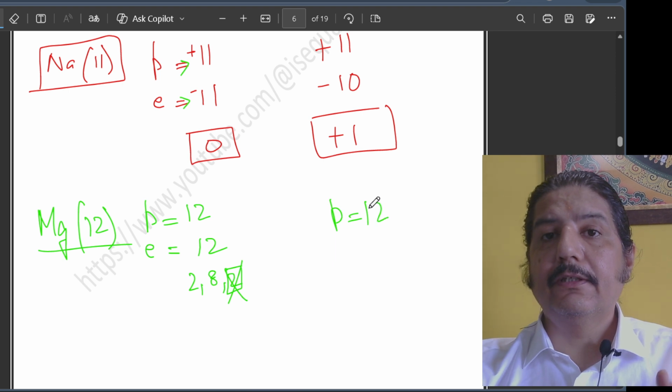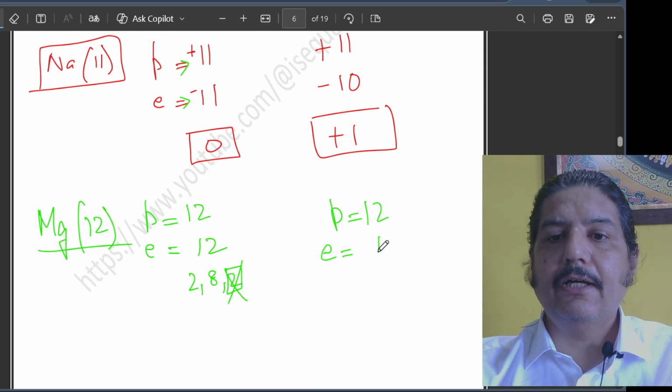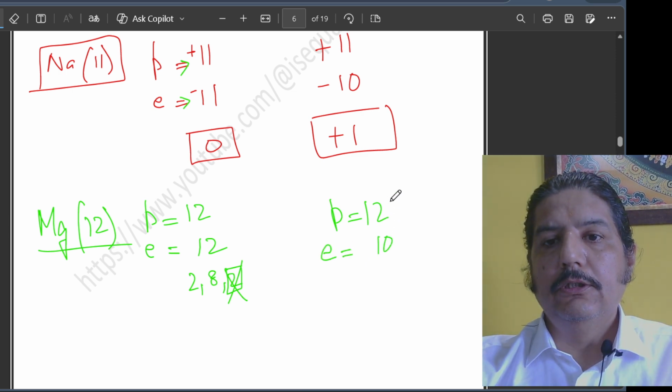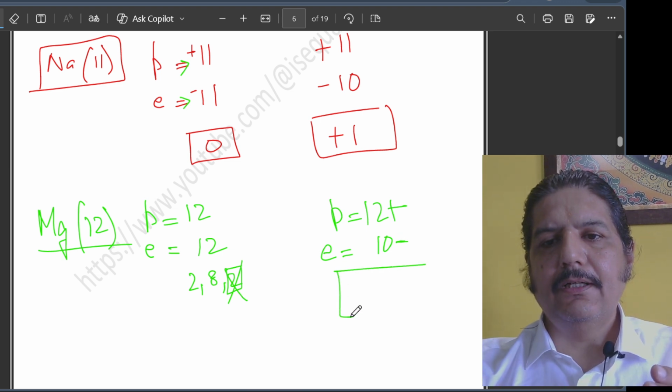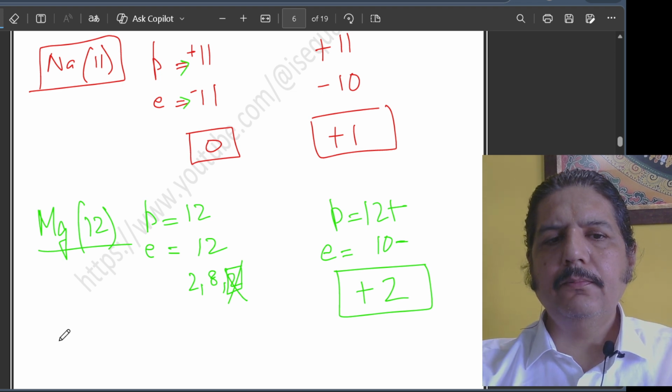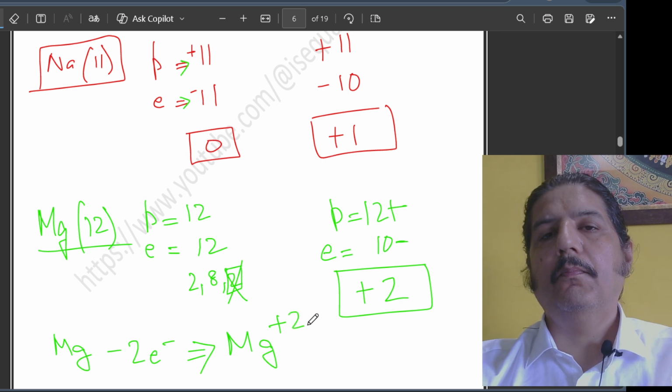The important thing to understand is that protons remain the same, but electrons have decreased by 2. So the positive charge has remained the same, but the negative charge has decreased, and that is why you will have a net charge of plus 2. So magnesium, by losing 2 electrons, will become magnesium plus 2.